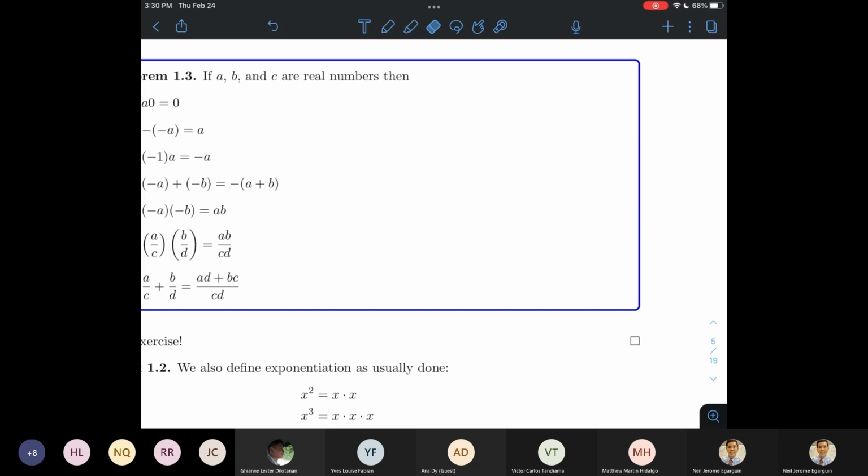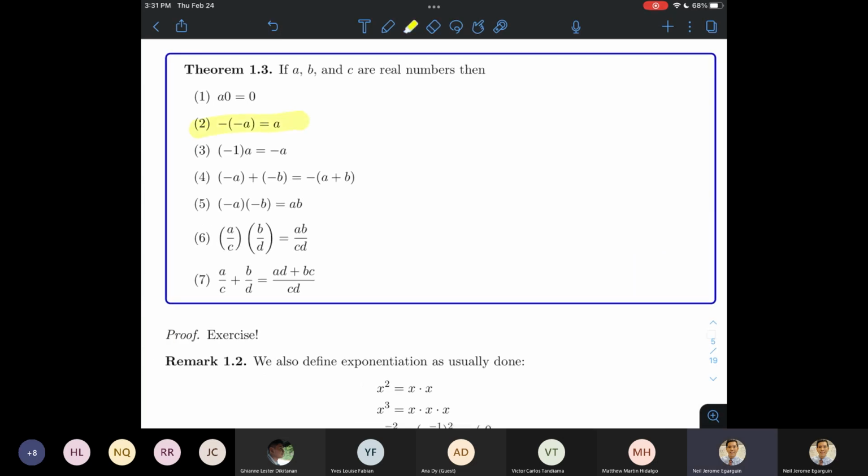Okay. Right. Statement number 2 is negative of negative A equals A. Again, there is a very big chance that we will be overcome by our bias. I mean, the information that we know before.